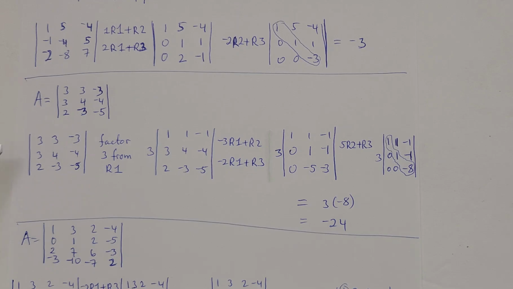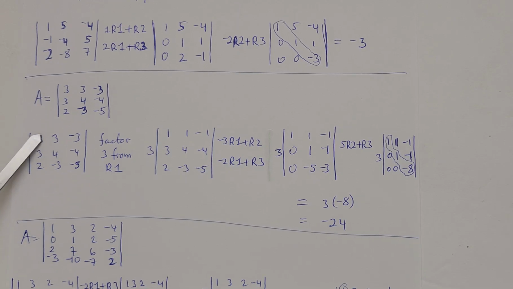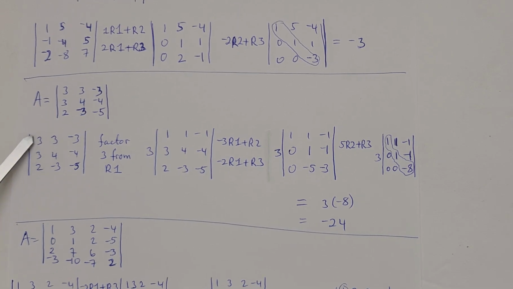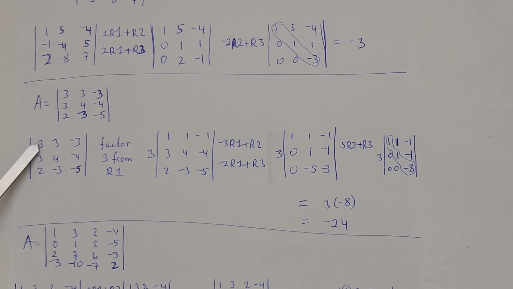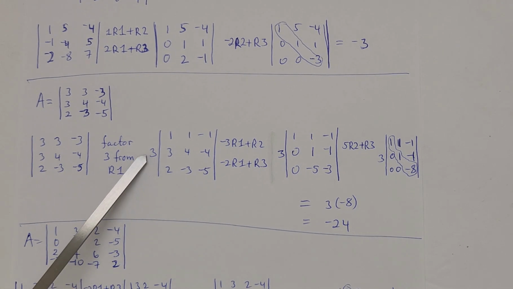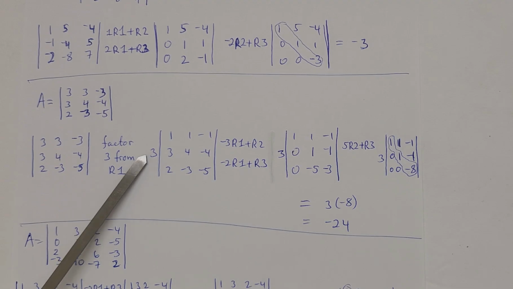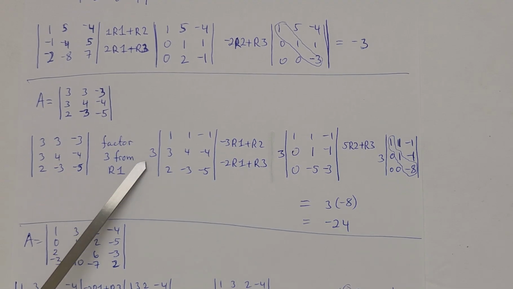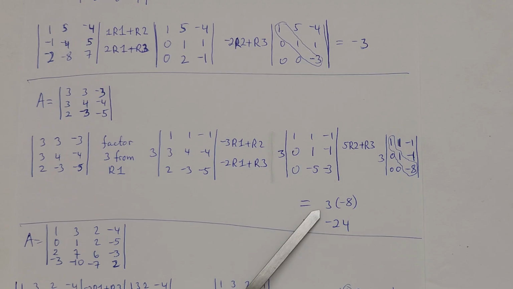When you find the determinant, this doesn't have to be a 1. The purpose of showing this example is taking a scalar. I factor out something, so therefore I have to bring it along with me. So that's one of the rules of finding determinants.